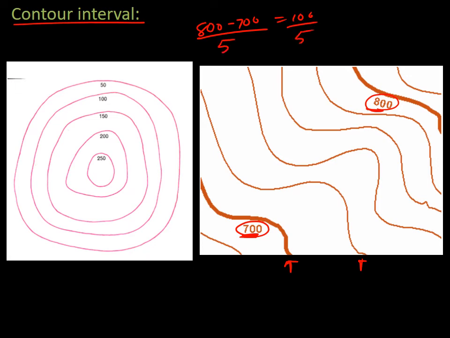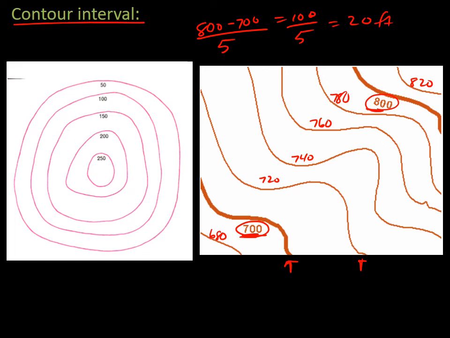And there are 5 lines in between. And 100 divided by 5 is 20. Okay? So our contour interval, the difference in elevation between two lines on this map, is 20 feet. So if this one is 700, this one must be 720, 740, 760, 780, 800. So this one up here must be 820, and this one down here must be 680.